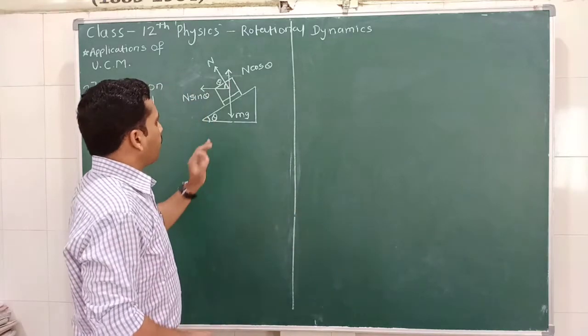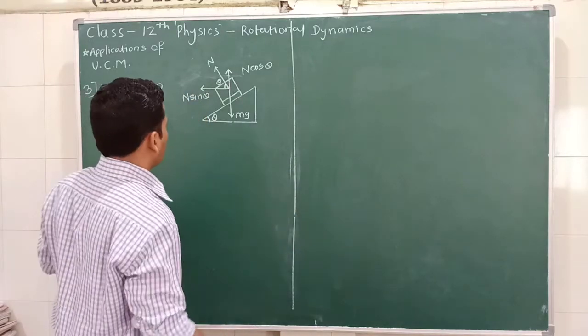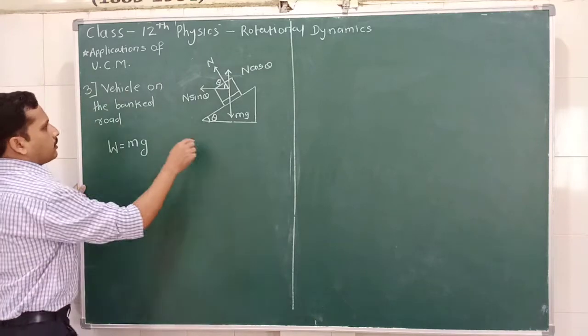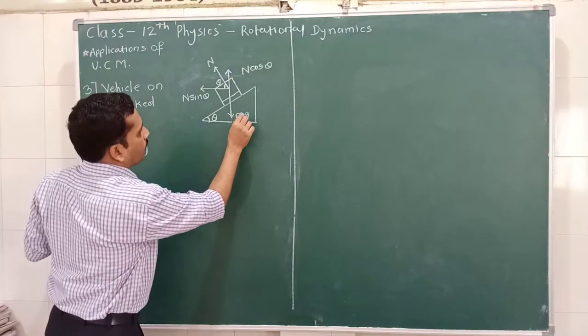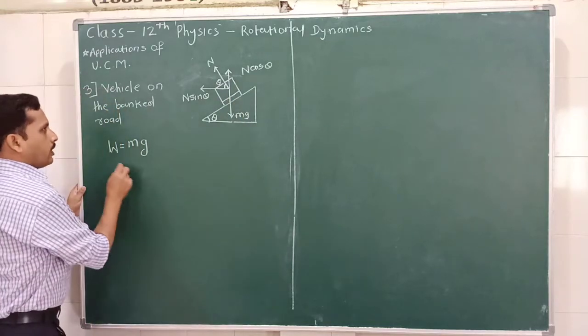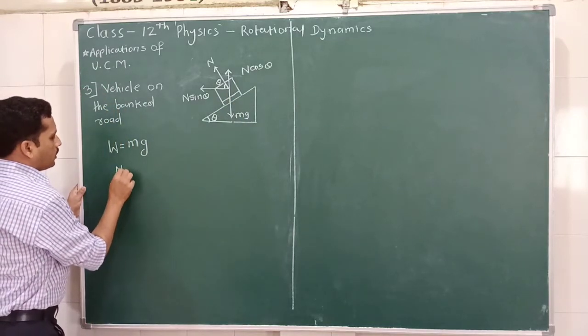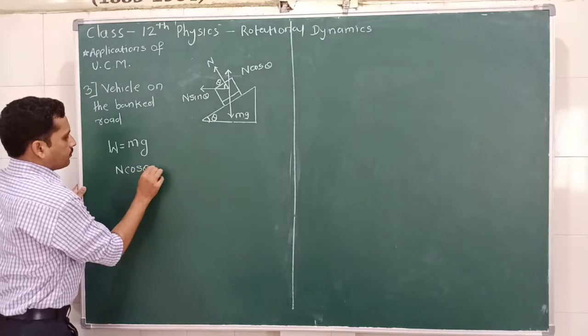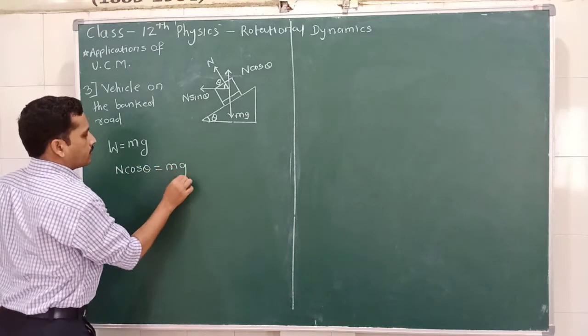Therefore, if we write the balancing condition, the weight of the vehicle is balanced by N cos theta. So we can write N cos theta is equal to mg.